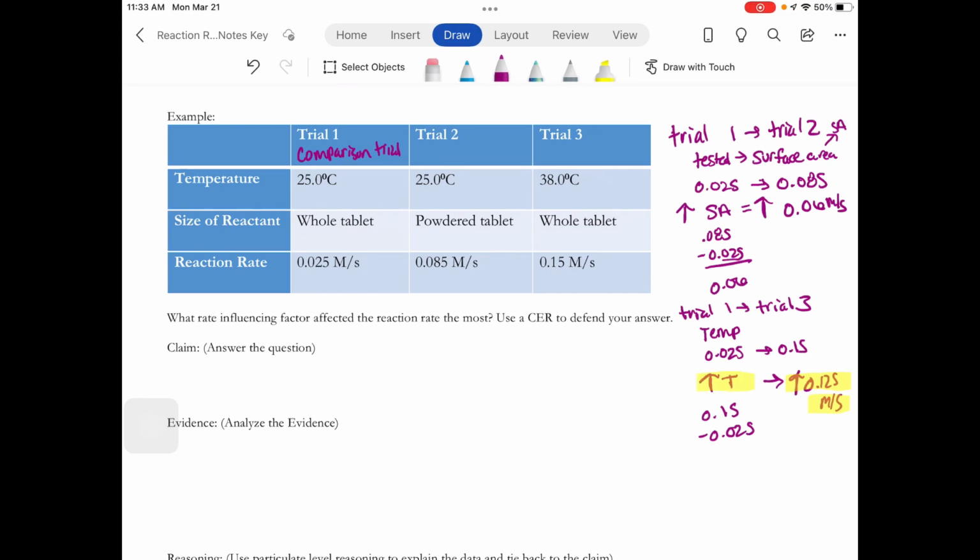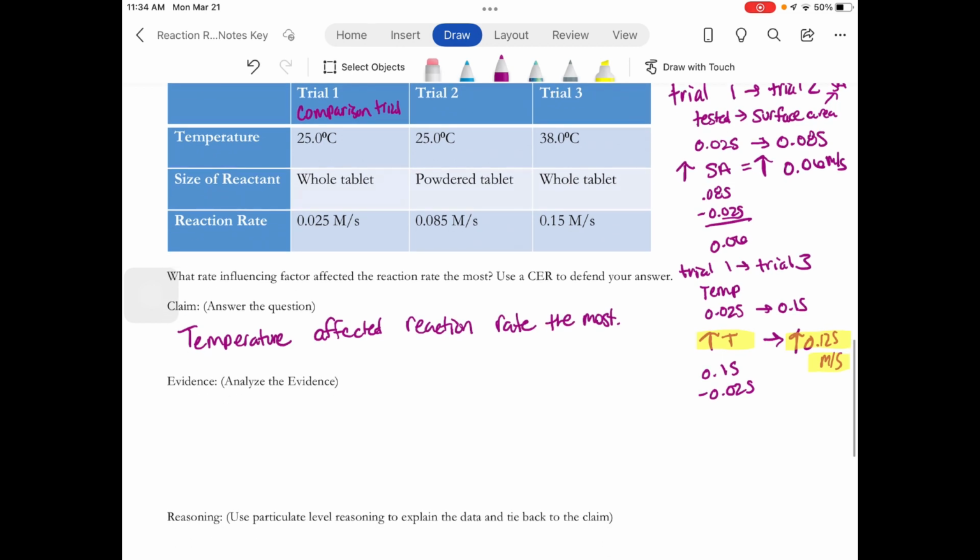Okay, so now we need to write this into a claim and evidence. So our claim is that temperature affected reaction rate the most. Our reasoning why is because you want to include both of these.